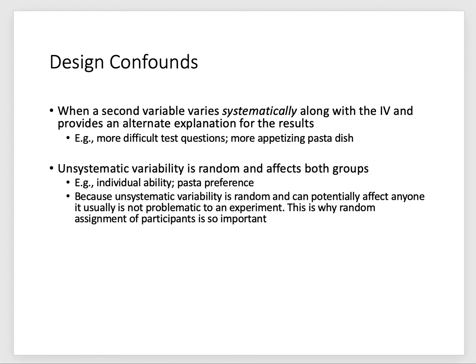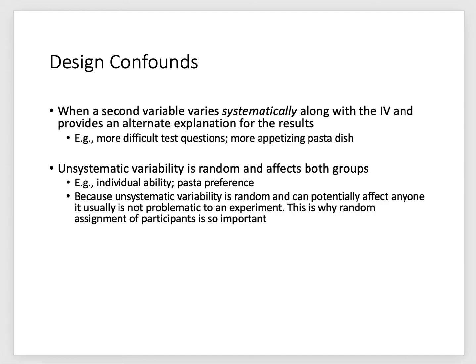So design confounds really speak to the importance of having a really well-controlled experiment. You want to make sure that everything that can be kept the same or kept controlled for these two different manipulations is done, to the best extent possible.